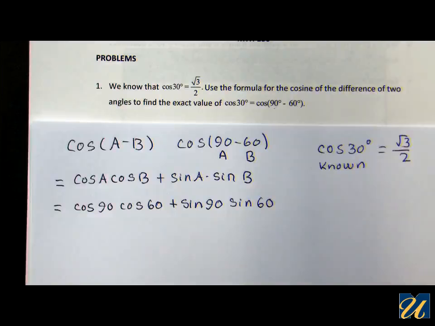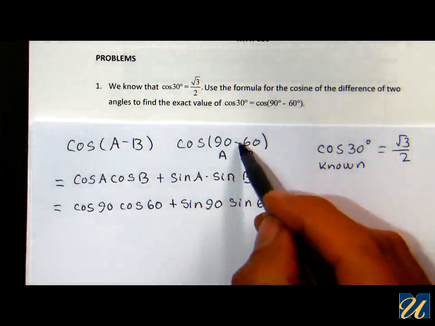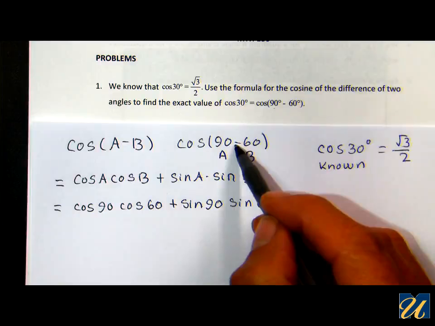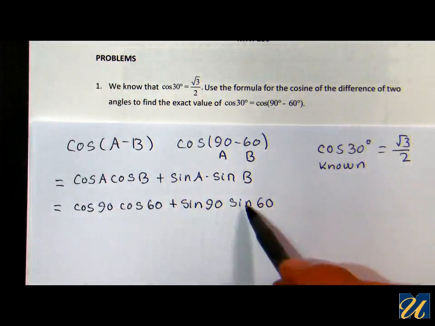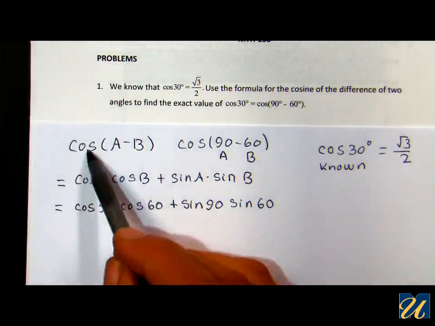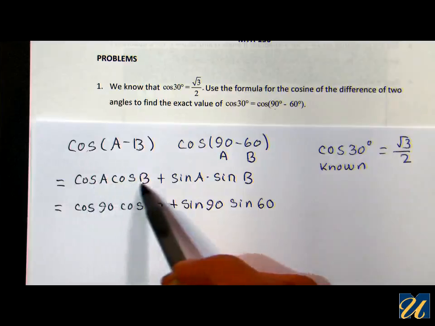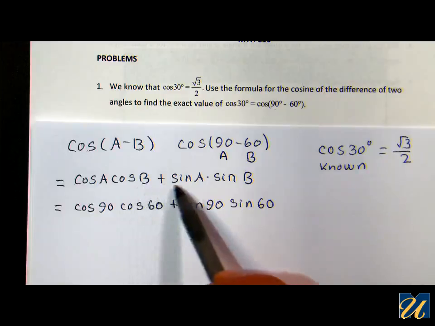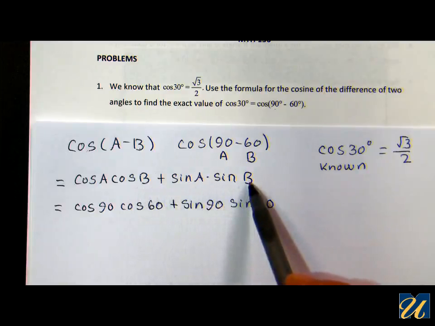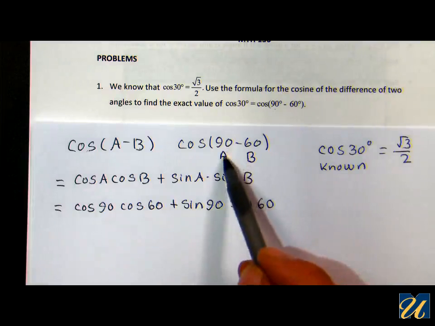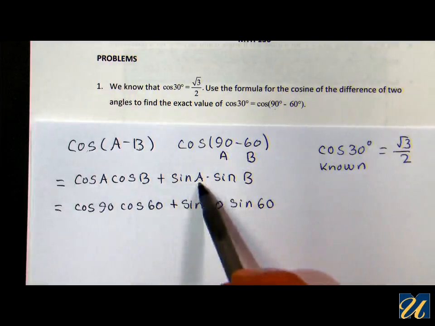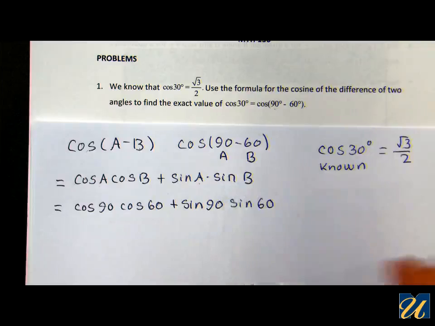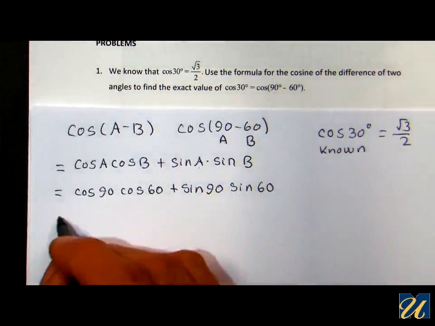Now, be careful that the minus sign is not represented here whatsoever, because the identity for cosine of the difference is this identity. So I am following any plus and minus signs that appear in the identity, and I'm simply putting A where it calls for A and B where it calls for B. Now I'm going to work that out.